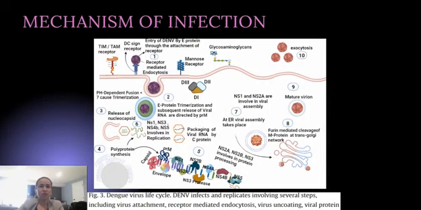The virus merges with the endosomal membrane once it has reached the interior of the cell, and is then released into the cytoplasm. When the virus particle splits apart, the viral genome is released. The viral genome is replicated after the translation of the viral RNA, vRNA, into a single polypeptide, which is then divided into 10 proteins.